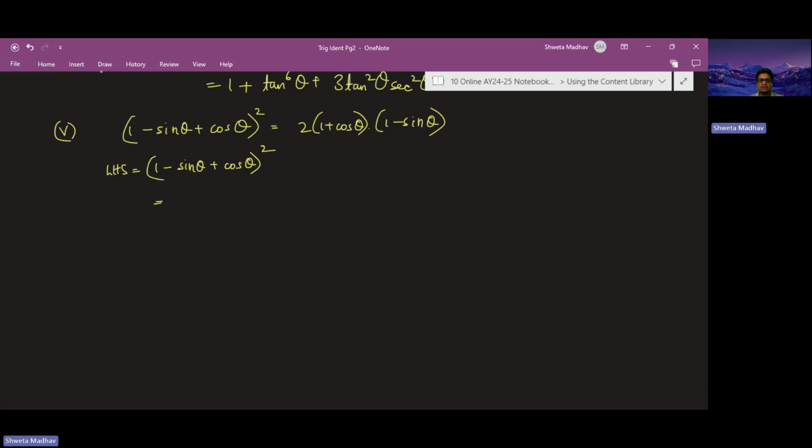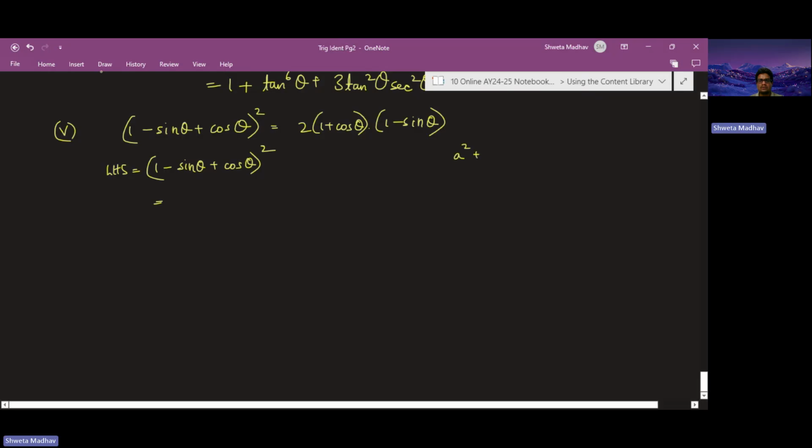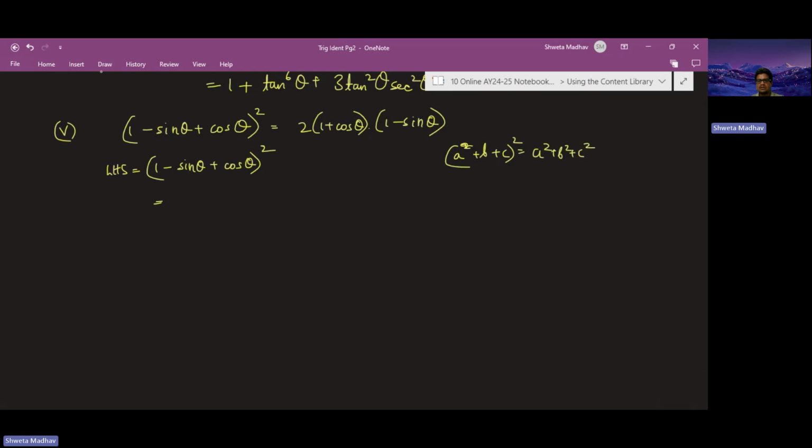you can apply the formula for a plus b plus c whole square, that is a square plus b square plus c square plus 2ab plus 2bc plus 2ca. That only we can apply.